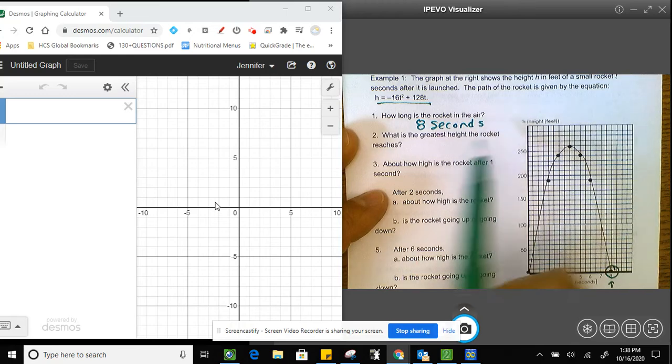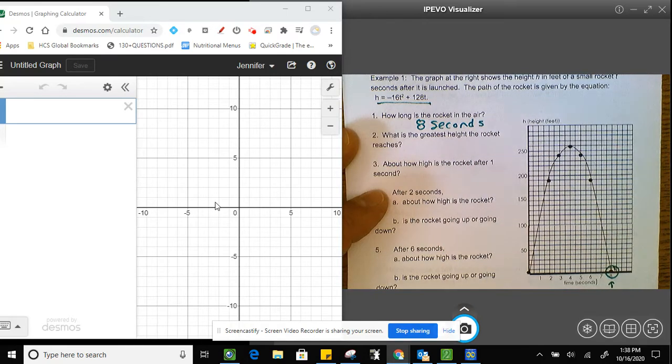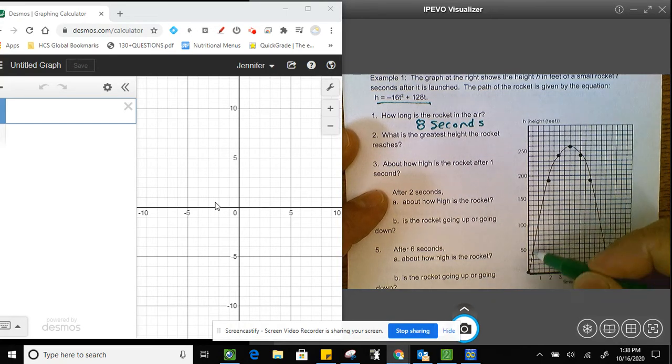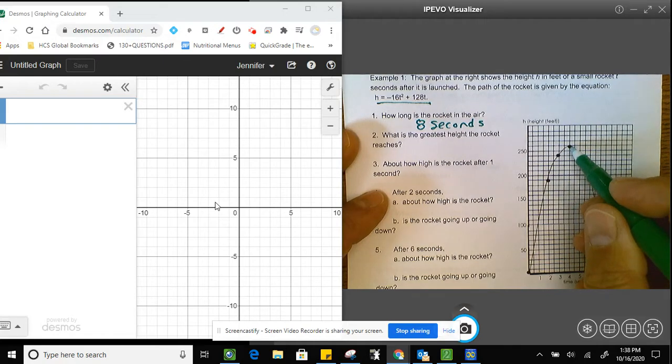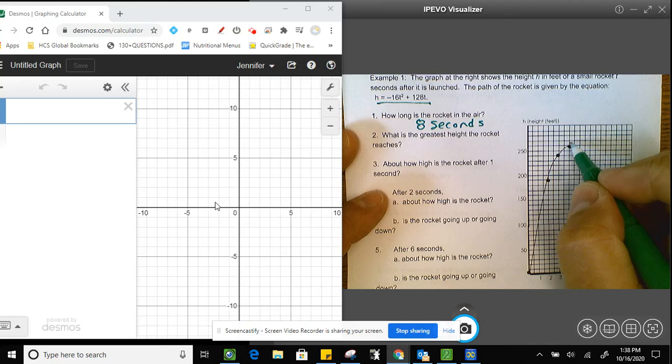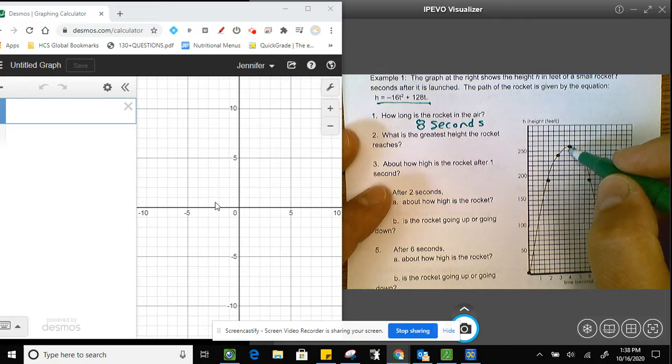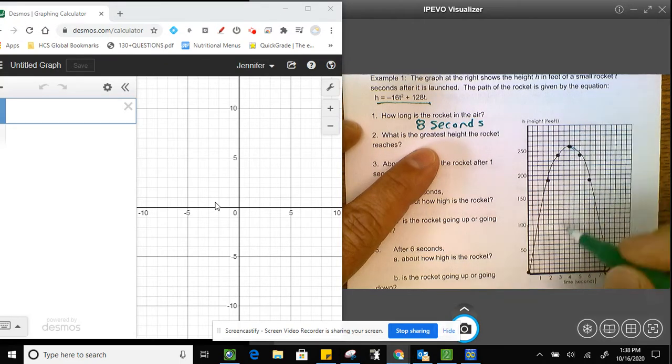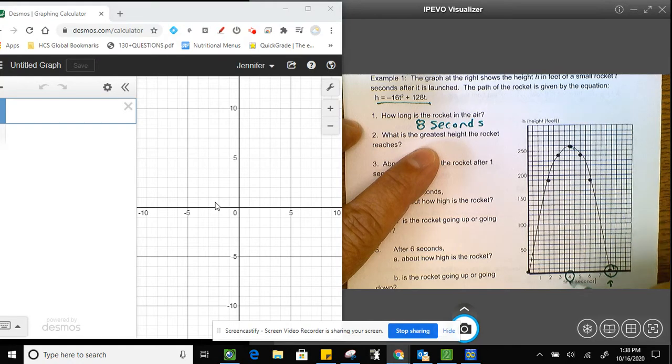What's the greatest height the rocket reaches? So, as we said, it starts on the ground and it goes up to here. Once it gets here, it turns and it goes back down to the ground. So this is the height. Remember, this is our maximum point of our graph. So when we're talking about the height, the x-coordinate is the time.